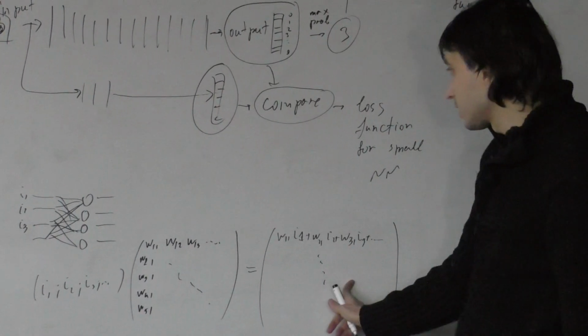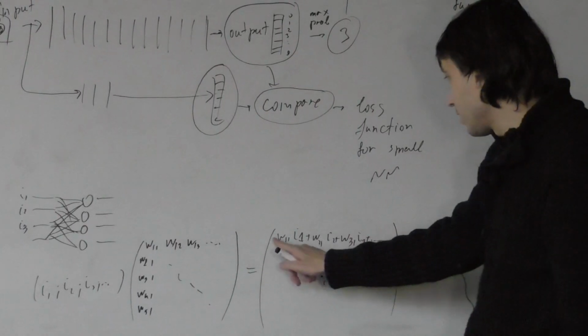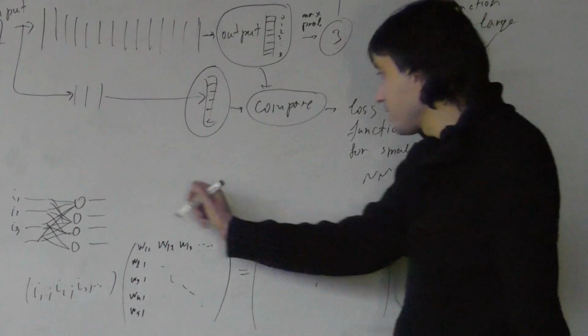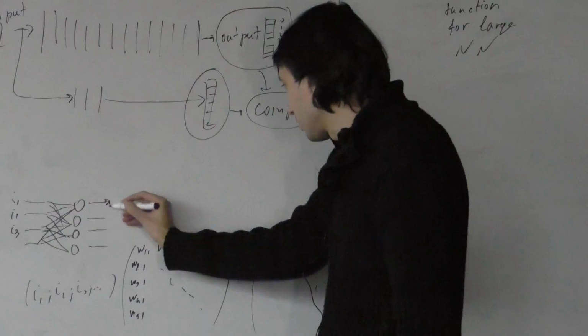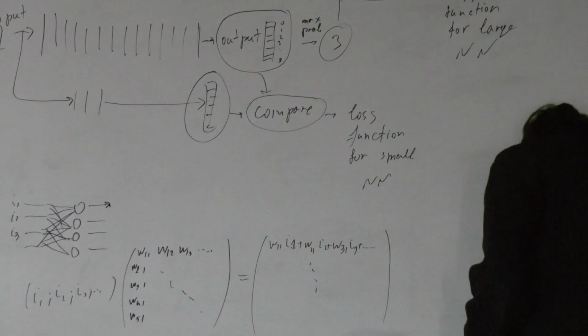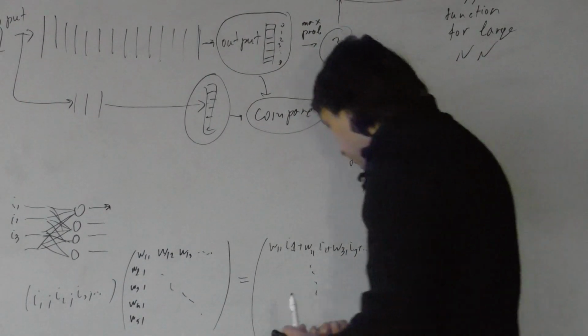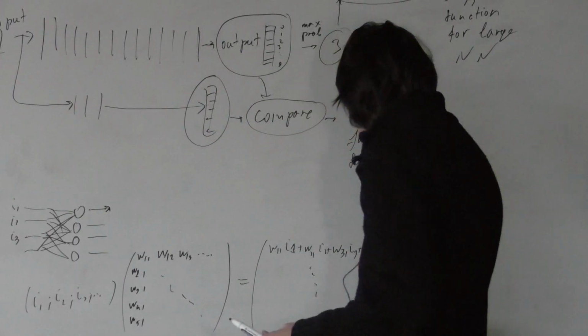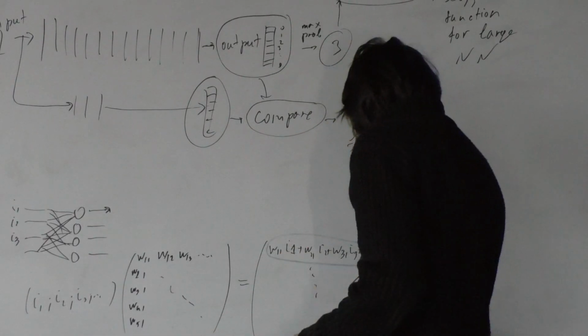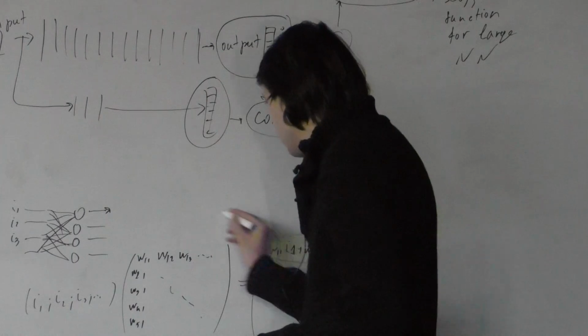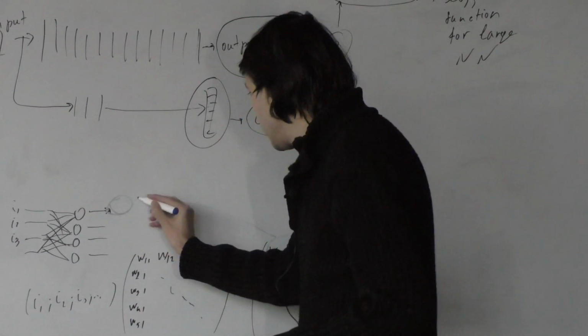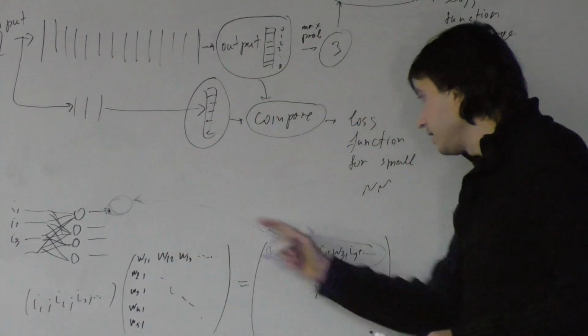You might see that the entries in this vector are actually the outputs from this layer. Let me circle these and show you that this is basically the same.